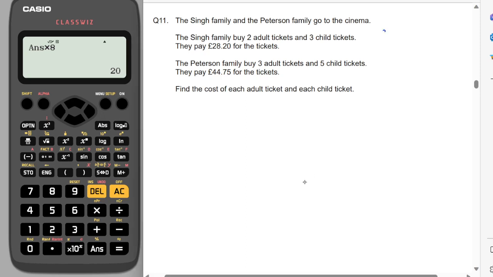I'm going to say A is going to stand for adult and C is going to stand for child. So 2A plus 3C is going to be equal to £28.20. And for the Peterson family, we've got 3A plus 5C is going to be equal to £44.75.